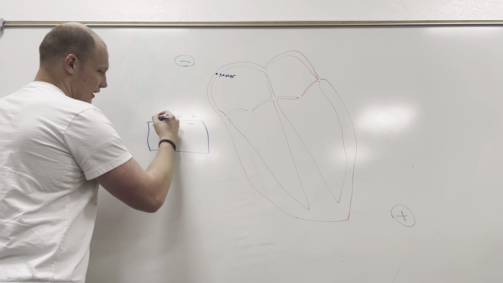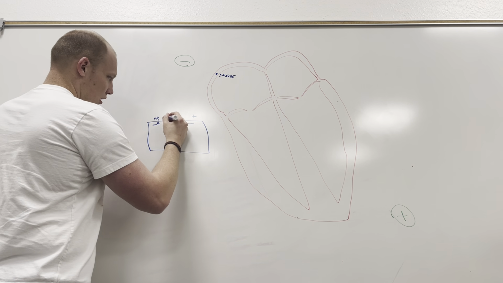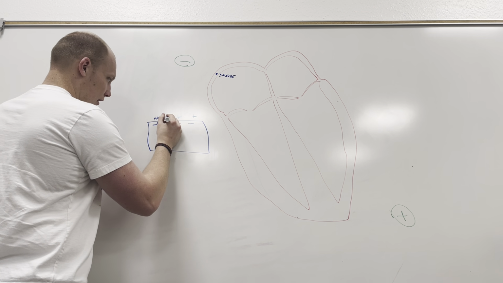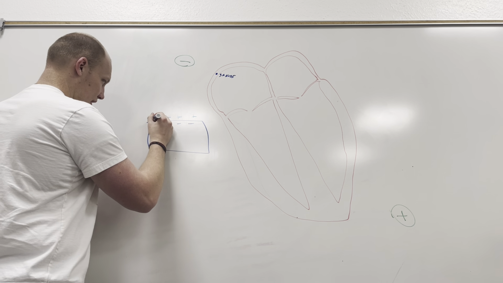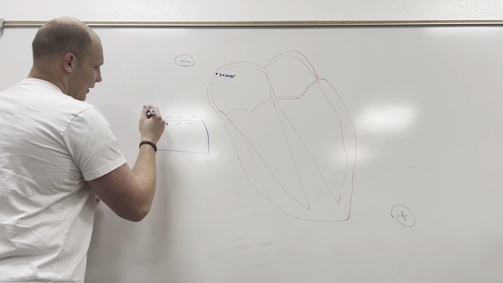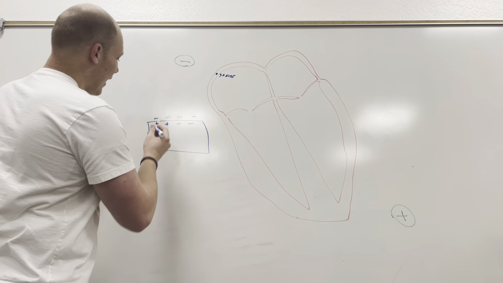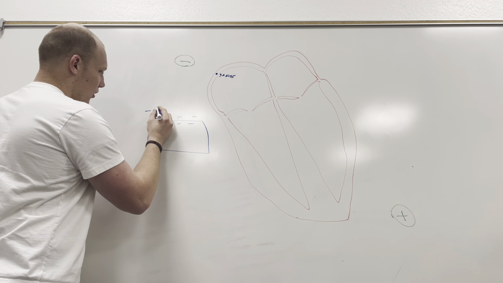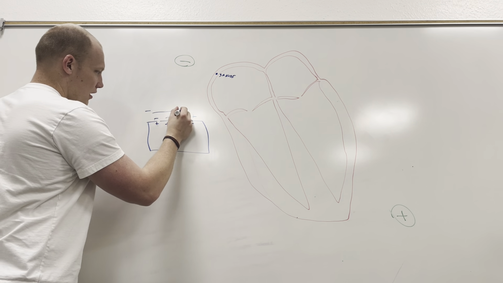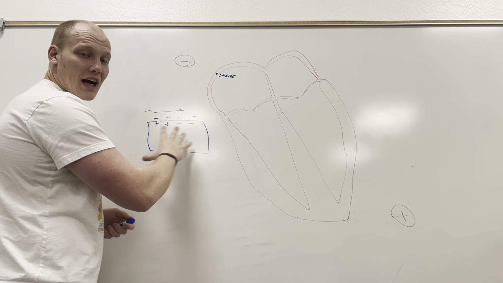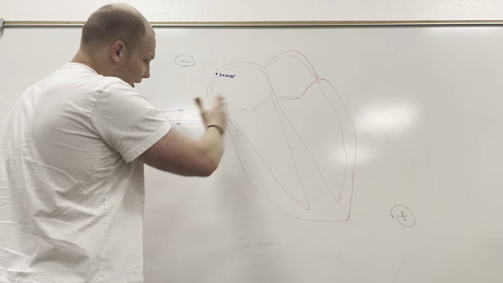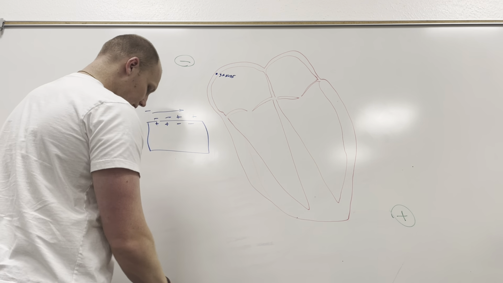As this depolarizes, these will switch. And we'll get negatives outside and positives inside. And if we do that, we have now a vector with a negative tail over here moving in that direction as we are depolarizing the cell and sending that action potential across.